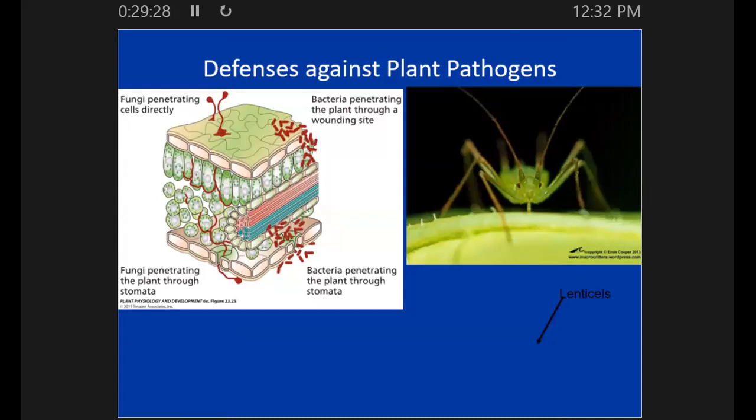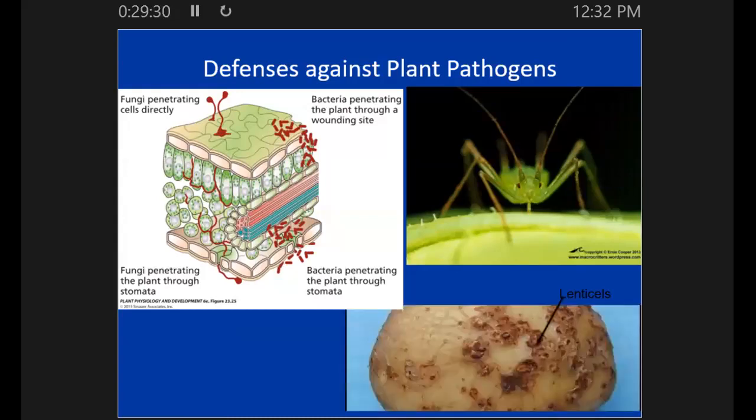Okay, let's look at some examples more in the microbial world. So here you're looking at a leaf, and they're showing how bacteria and fungi are starting to gain entrance.